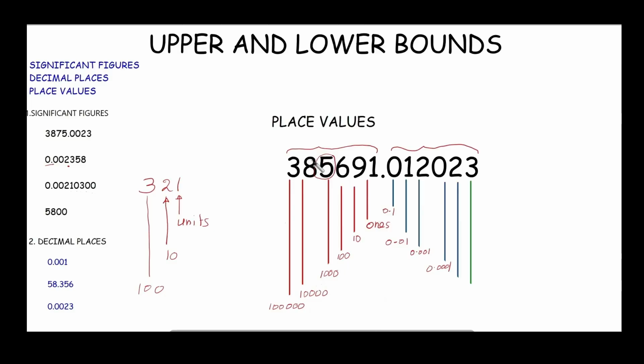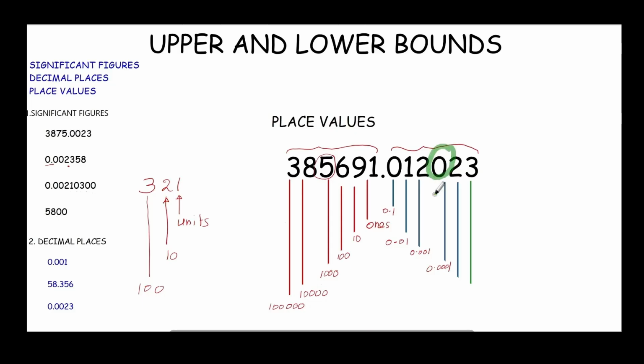Let's get the place value of the 10th significant figure. Then you have to figure out where the 10th significant figure lies. 1, 2, 3, 4, 5, 6, 7, 8, 9, 10. This is the 10th significant figure.